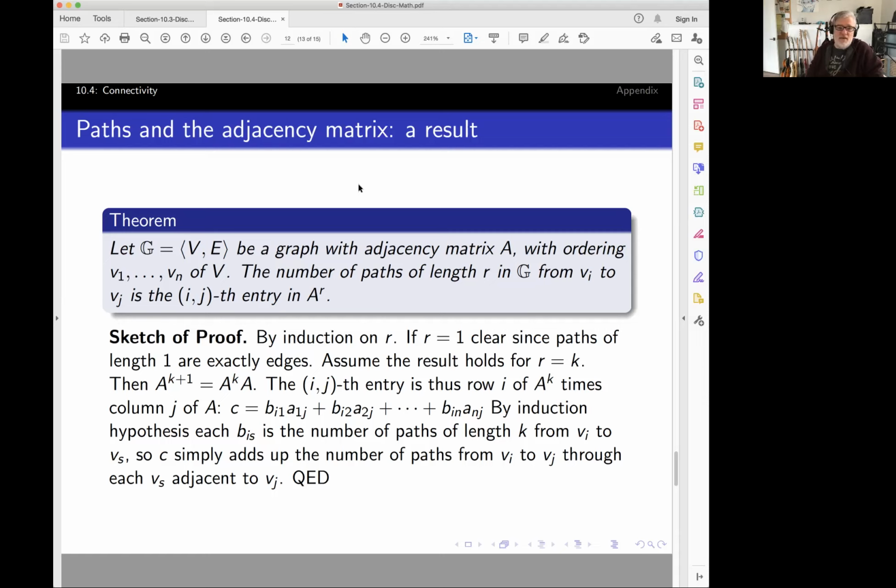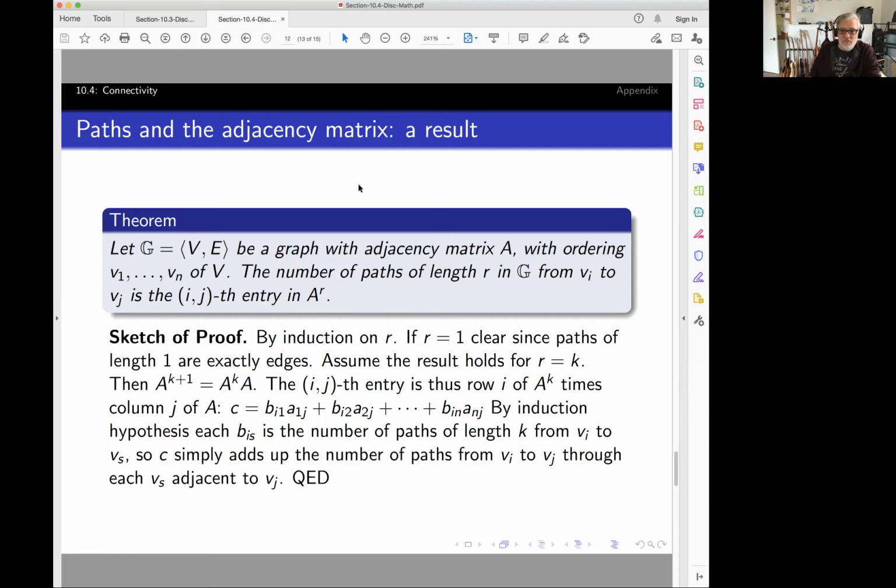If I have a graph G with adjacency matrix A, and the vertices are ordered V1 to Vn, I want to compute the number of paths of length r from one vertex to another. That can be pretty tricky, but it turns out there's a really cool connection to matrix powers.